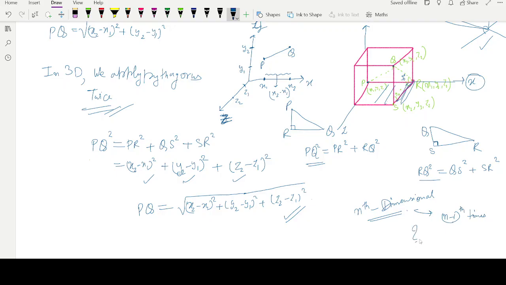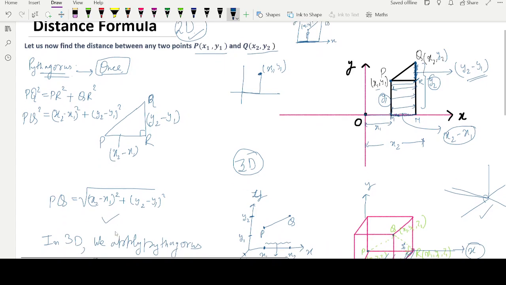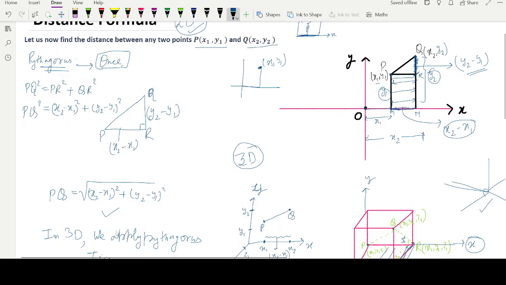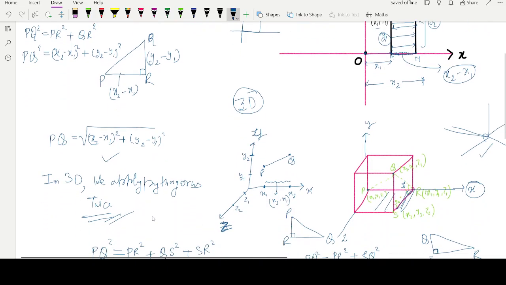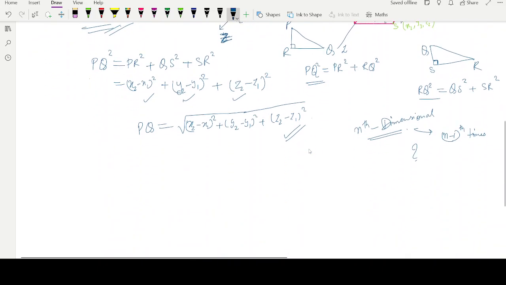I don't have an answer for this, but I will find it and discuss with you. So this is a simple proof of the distance formula. You all know the distance formula very well, but the proof gives you confidence about how it came and what is the simple proof. Thank you.